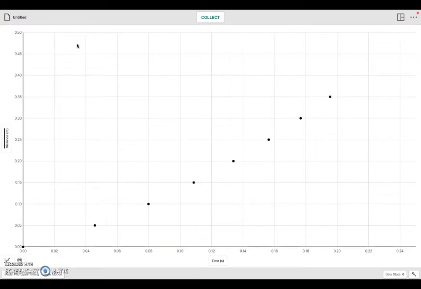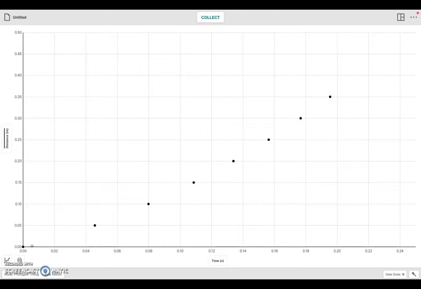So here's a plot of the data as I dropped that object through the photogate. We can see this is the distance. Those are spaced at 0.05 meter intervals, because that's how far apart the lines are spaced on that picket fence.